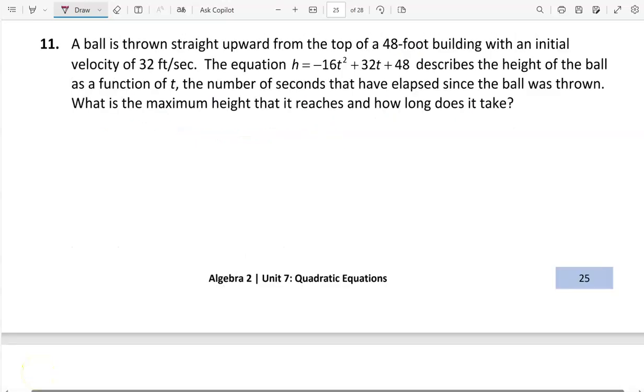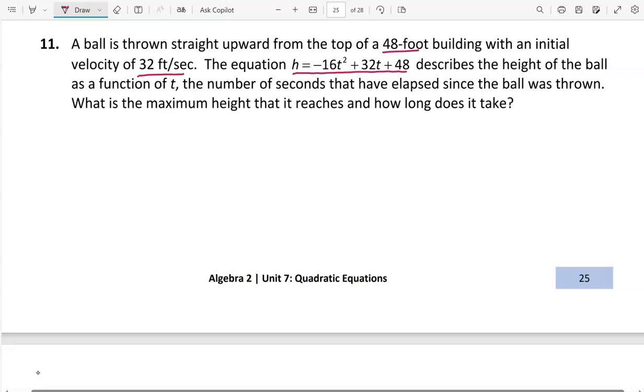In number 11, a ball is thrown straight upward from the top of a 48 foot building with an initial velocity of 32 feet per second. These pieces of information are already reflected in this height function that's given to us that describes the height of the ball as a function of t, the number of seconds that have elapsed since the ball was thrown. So we're looking for a maximum height, and we're trying to determine how long does it take.